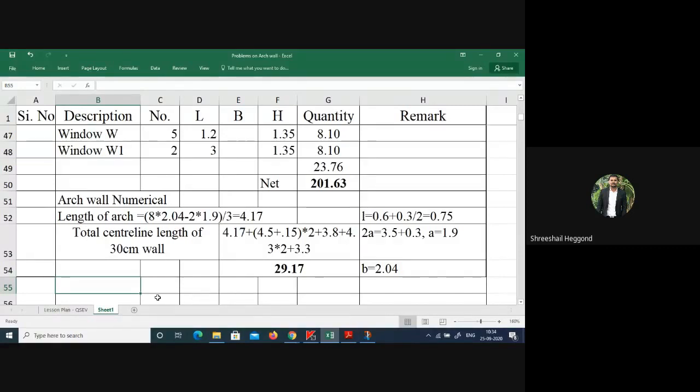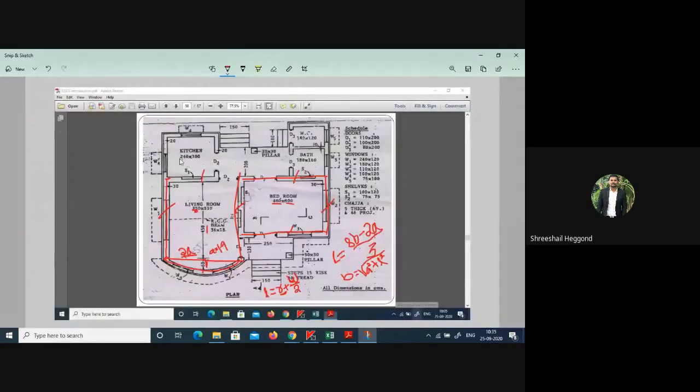Next, similarly calculate the total center line length for the 20 centimeter wall. This room dimension is 240 by 300. There are two walls, vertical and horizontal.